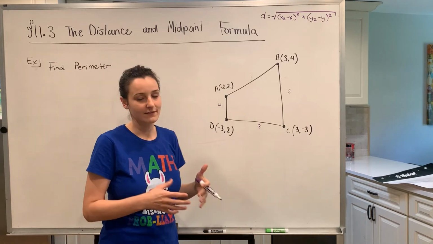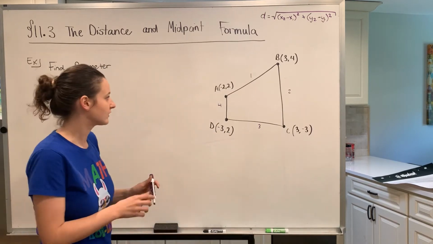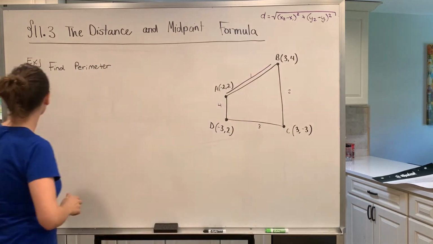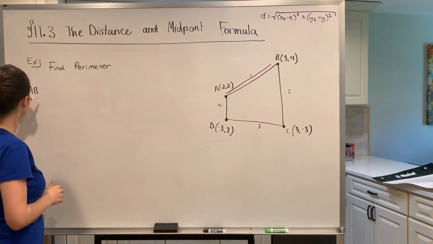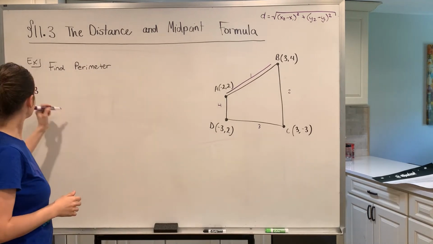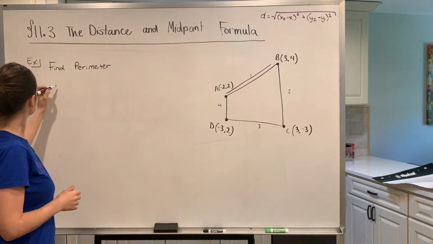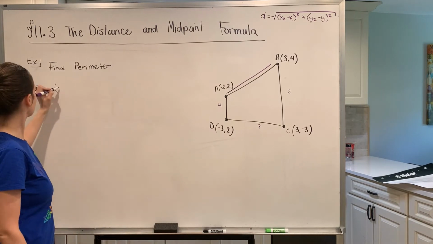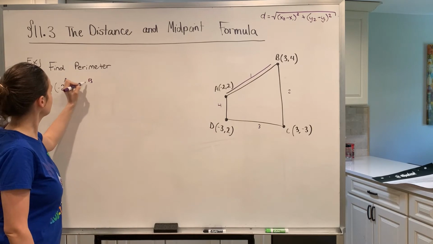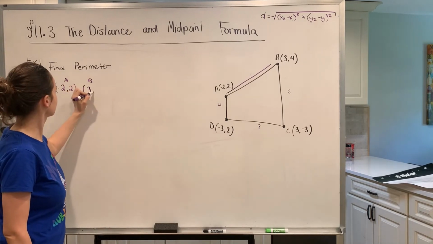So to do that, we're going to have to do it one step at a time. So let's first talk about this side here, from A to B. So for side AB, we're going to use our distance formula, where let's first write down our points. A is at (-2, 2) here, and B is going to be at (3, 4).